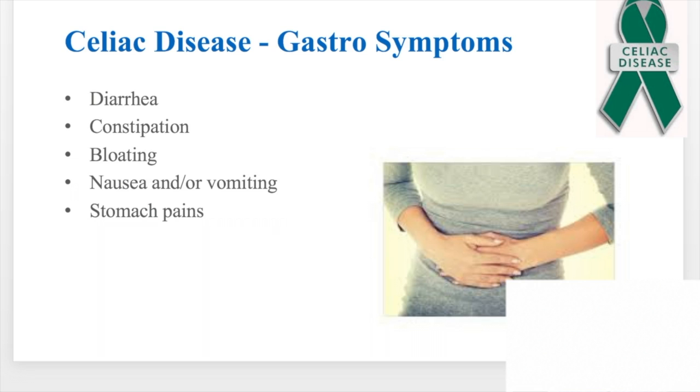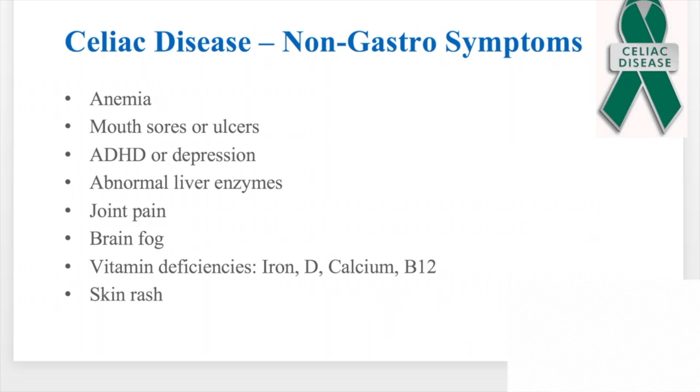And a lot of people think they have celiac because these are all very common symptoms of patients who have celiac. But there are a lot of extra or non-GI symptoms from celiac, and they range from anemia, having mouth sores or ulcers, even ADHD or depression, especially in young adults, an abnormal level of your liver enzymes, joint pain, brain fog, or feeling confused or not like yourself whenever you ingest gluten, deficiencies in certain vitamins including iron, D, calcium, and B12, and skin rashes as well.